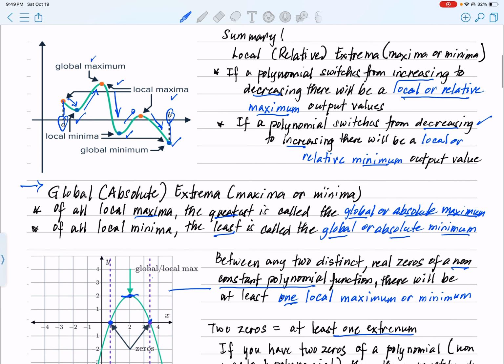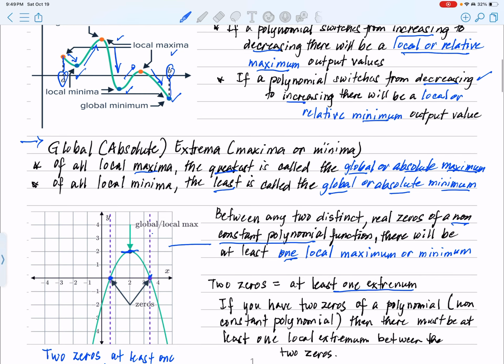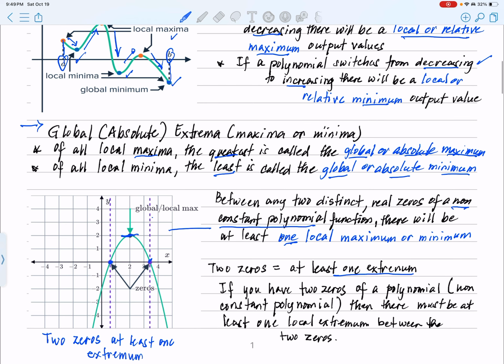Another term we have is global, absolute extrema. When we say extrema, it's maxima or minima. Always remember that. Of all local maxima, the greatest is the absolute maximum. Of the local minima, the least is the global or absolute minimum.